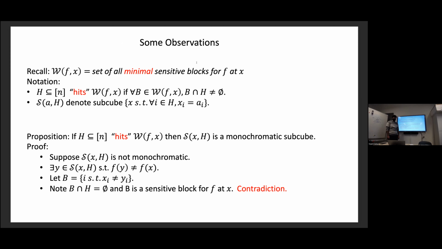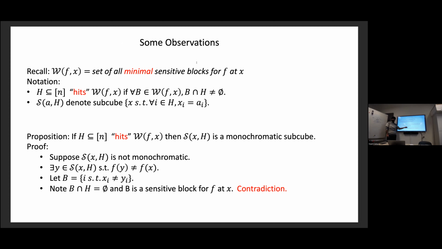Correct. We are collecting all the minimal sensitive blocks, and if we hit the minimal sensitive blocks, we hit all the sensitive blocks. And if we hit all the sensitive blocks, then essentially we are creating a certificate for the function at that particular input, because the subcube defined by fixing your input on those locations will be monochromatic.